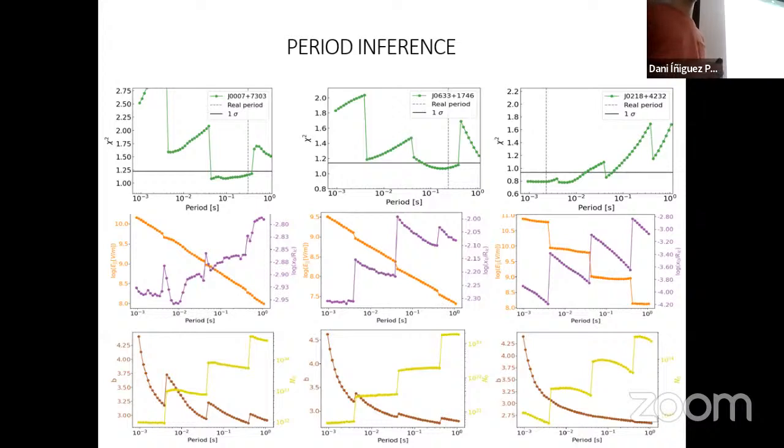Yes, exactly. Taking the three parameters of this period gives a worse fit than the rest, and these jumps remain.